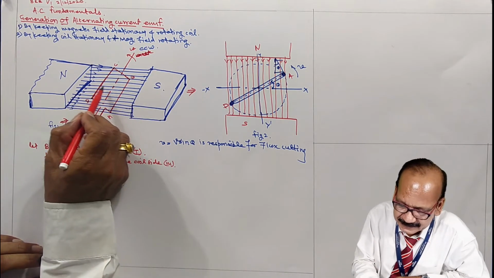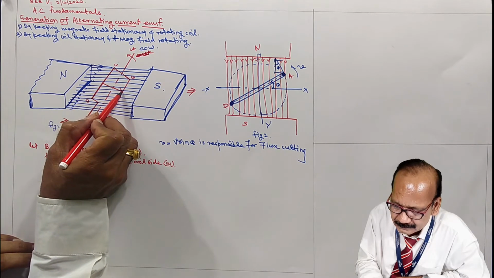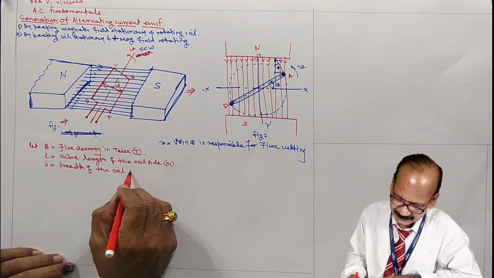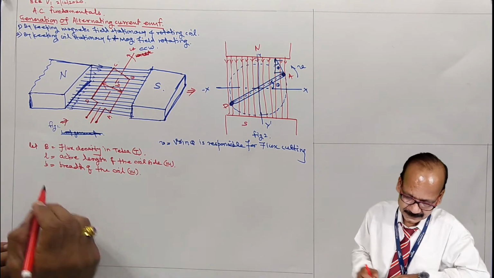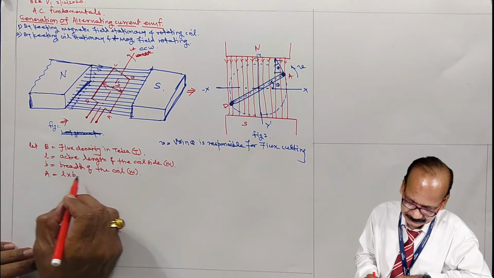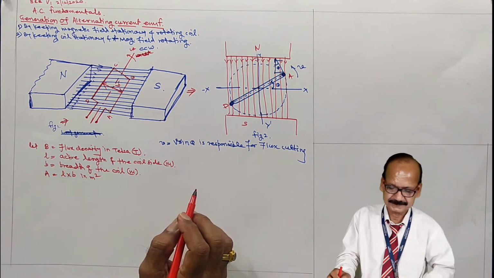Say this is the breadth of the coil. b is the breadth of the coil in meter. Then area equal to L into b in meter square.